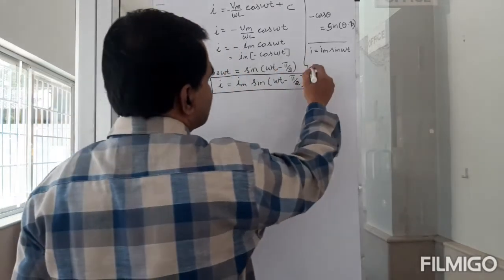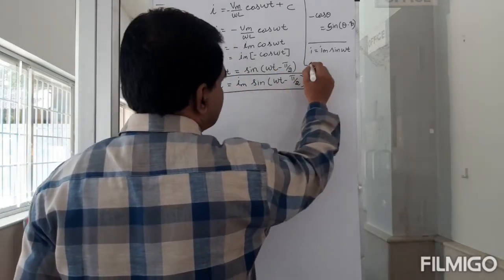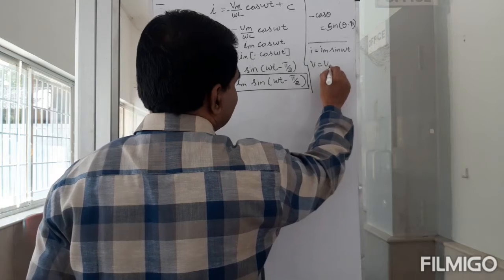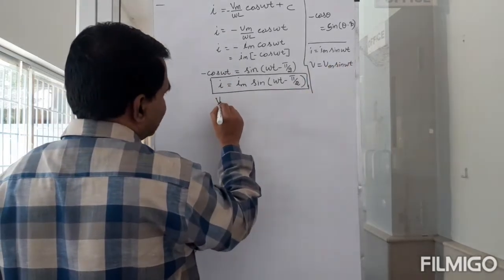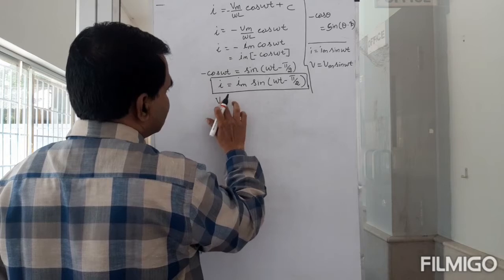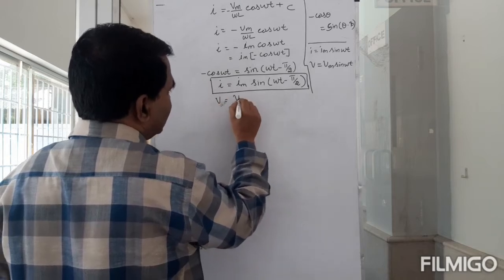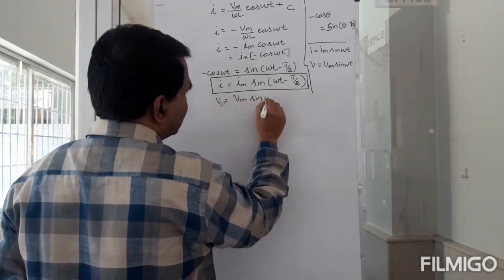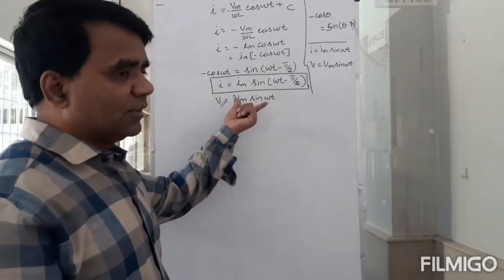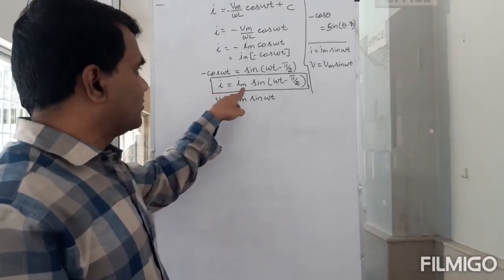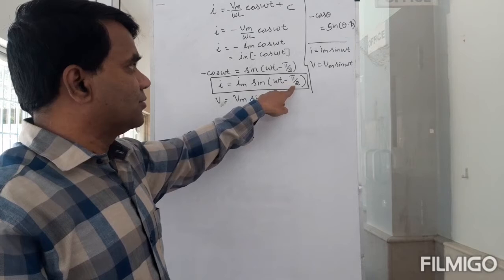And in both cases, the voltage V is Vm sine omega t. So this is what we started with. If V is equal to Vm sine omega t, I is Im sine omega t minus pi by 2.